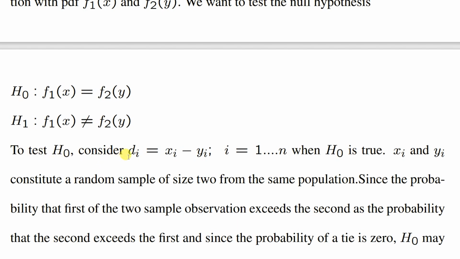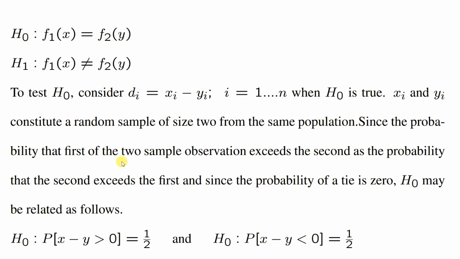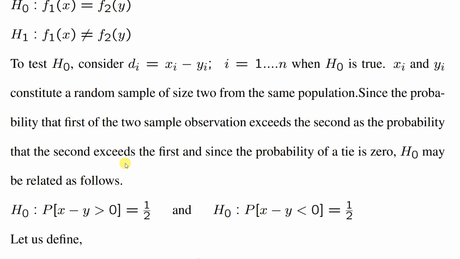We consider di = xi minus yi, i = 1 to n. When H0 is true, xi and yi constitute a random sample of size 2 from the same population. Since the probability that the first of the two sample observations exceeds the second is the probability that the second exceeds the first, and since the probability of a tie is 0, H0 may be restated as follows.